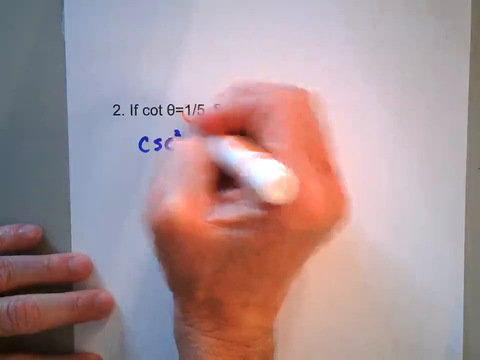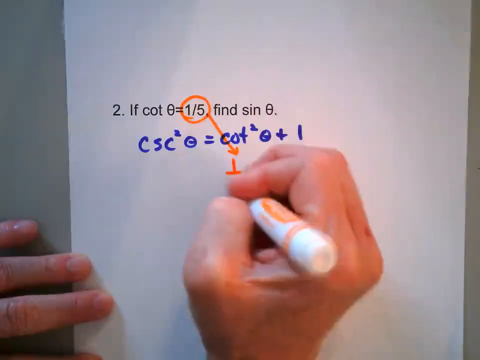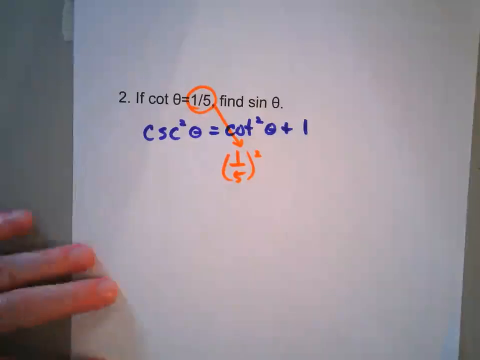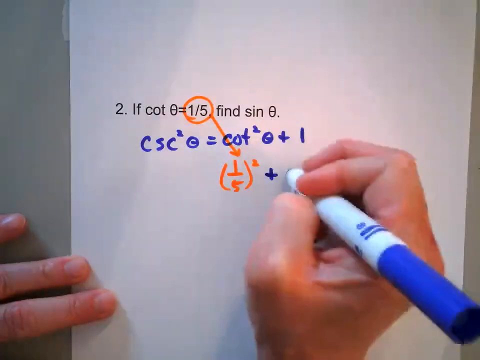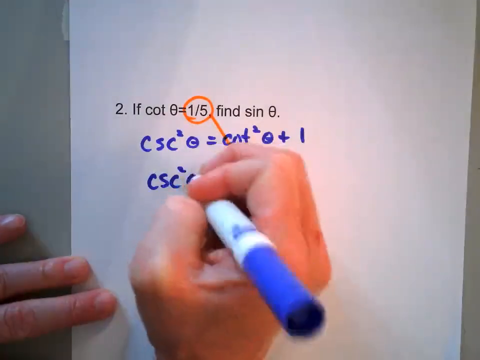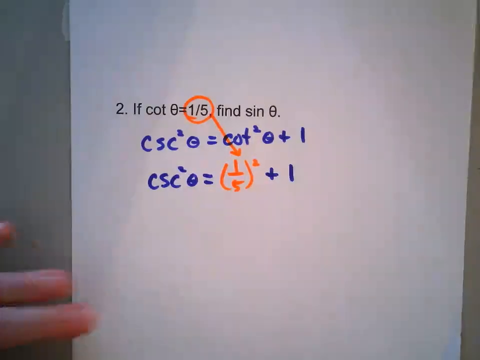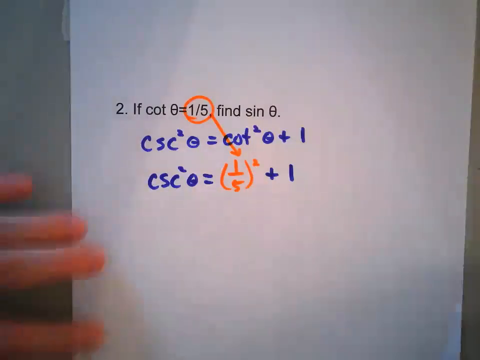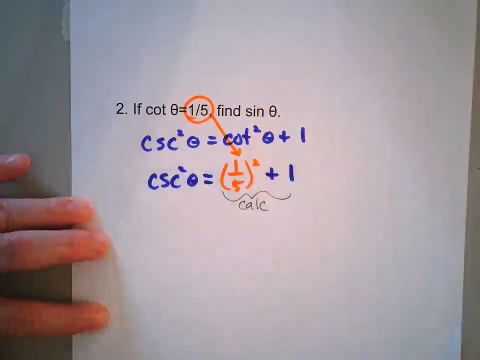Okay, 1/5 is the cotangent, so it's going to come down here. 1/5, it's going to be squared. No decimals in any of these answers, guys. Everything's going to be a radical and or a fraction or a whole number. And feel free to use a calculator to do the calculation. So I tell you what, we'll use calculator.